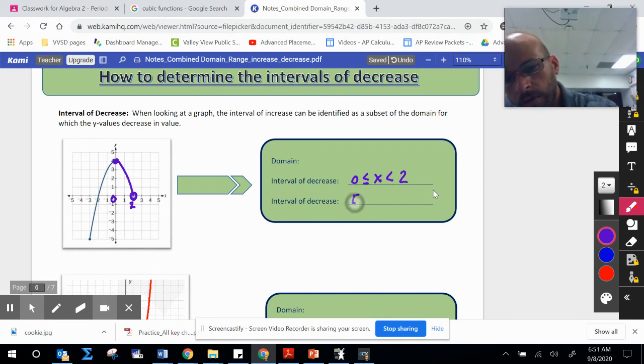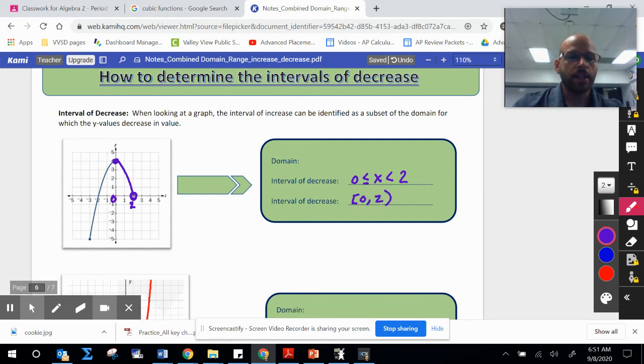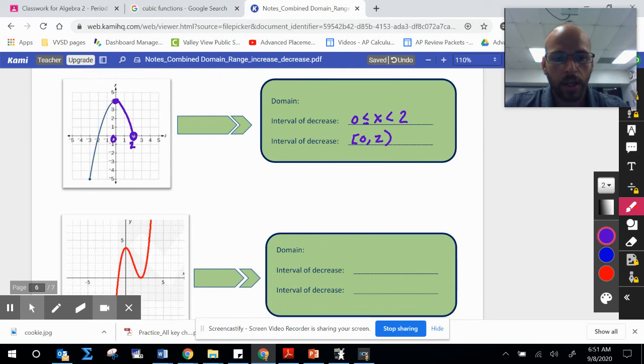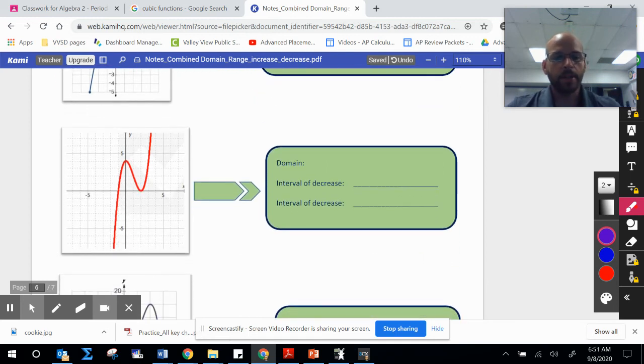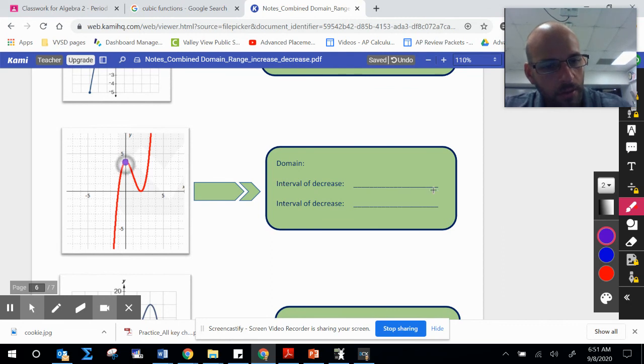So my interval notation would look something like this. It is decreasing from the x value of 0 all the way over to the x value of 2. Okay? Let's take a look at the next one. It is decreasing between that maximum and that minimum.